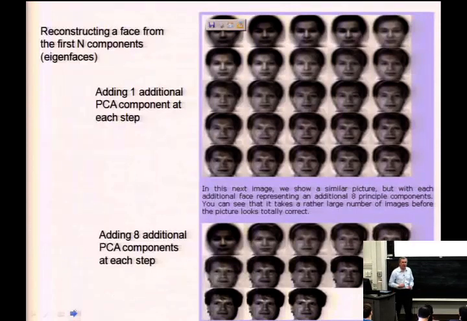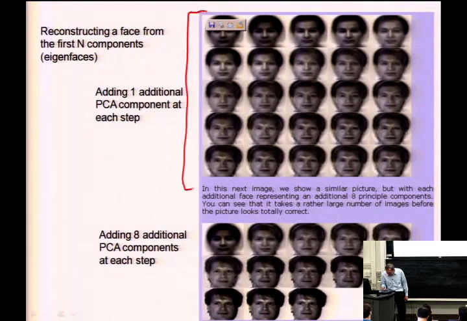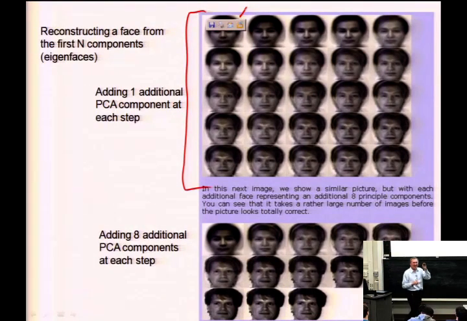Okay, so here are the reconstructions of the faces, just to show. This top panel shows what happens if we represent the face as just one-dimensional, we map all the faces down to a one-dimensional space.